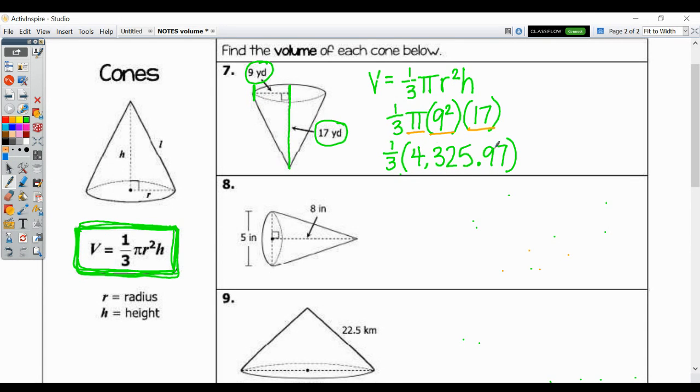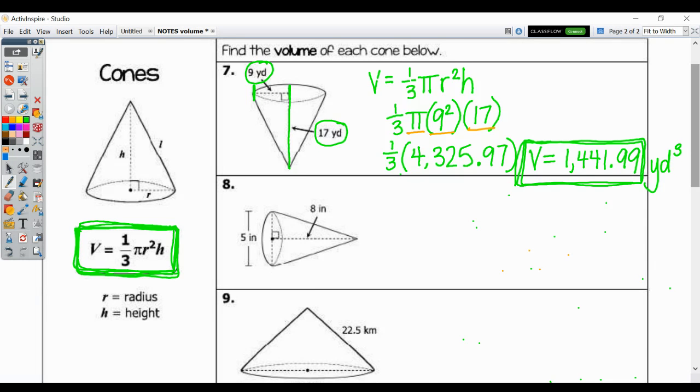Now that I have that big number, instead of multiplying it times 1/3, I can divide it by 3. So I just have that number already in my calculator, and I'm going to divide by 3. And so that's going to give me that the volume equals 1,441.99. Okay, I need to put my units. So it'd be yards cubed.